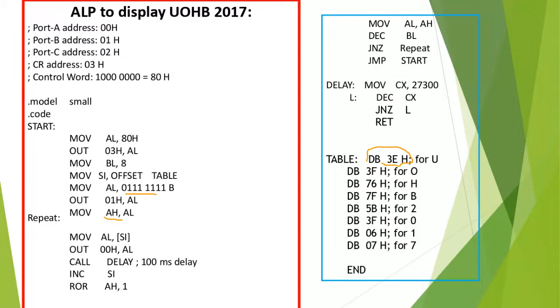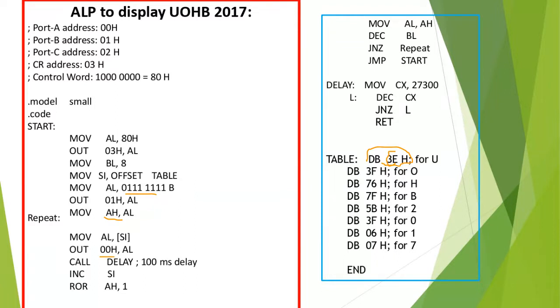So move AL comma square bracket SI. SI is holding the offset address of the first data. So for U, 3E is now in AL. Out port A address comma AL. So that means U is displayed there.